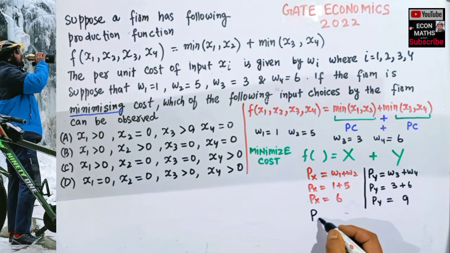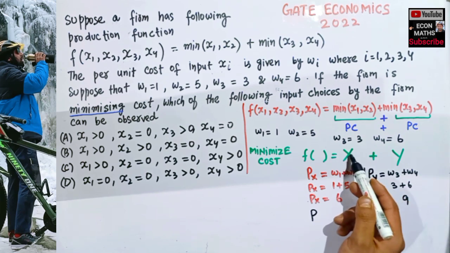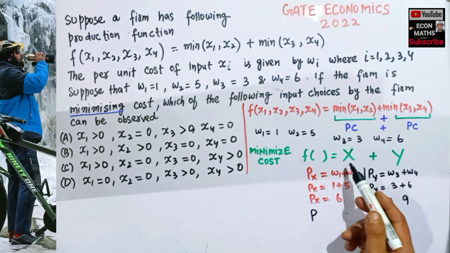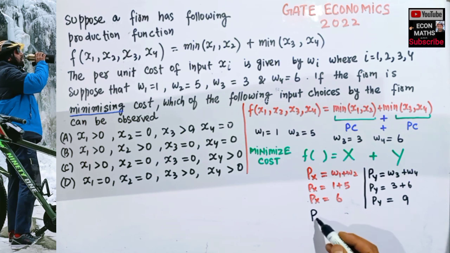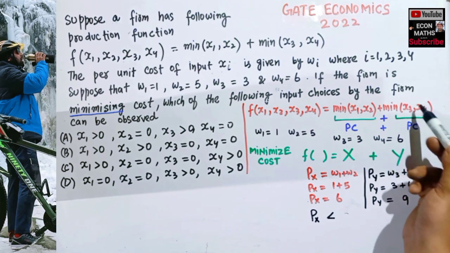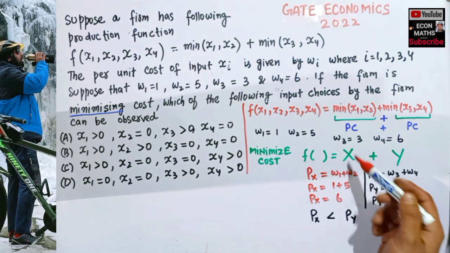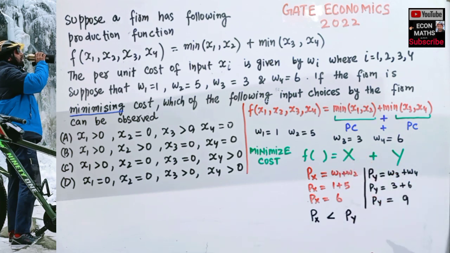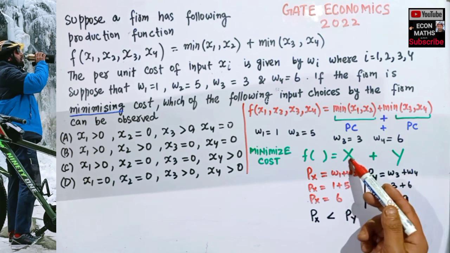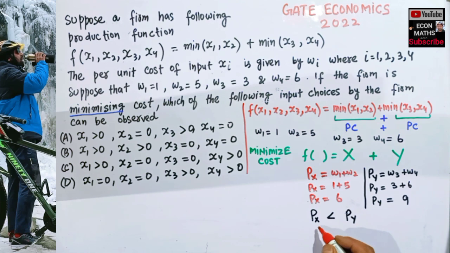It costs less to produce X than to produce Y, where Y denotes the second function. Given this production function and the price of X being less than the price of Y, obviously the firm will choose to produce the combination with the least cost, which is X. That means the firm will choose to produce X.